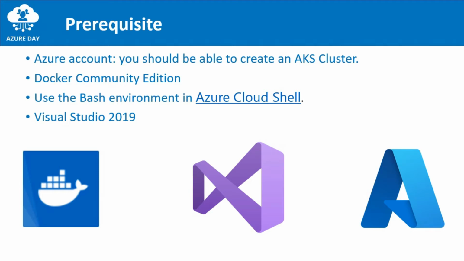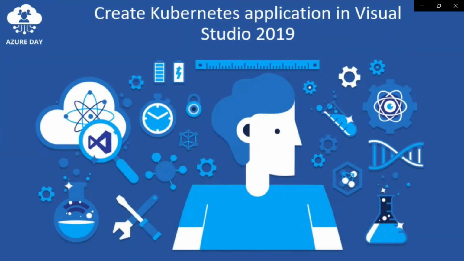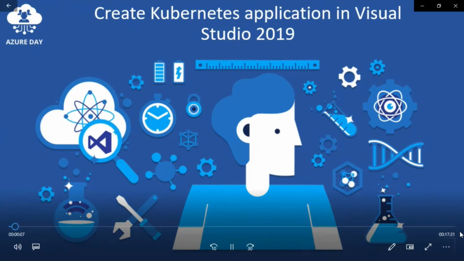To be able to try all demos, I recorded all these demos and we will follow this video today. So the first demo is to create a Kubernetes application in Visual Studio 2019.